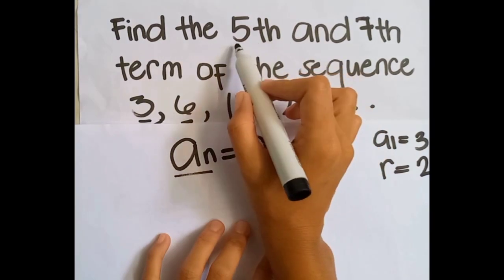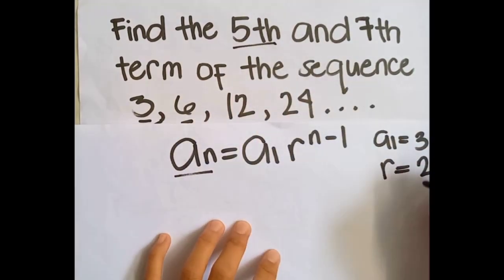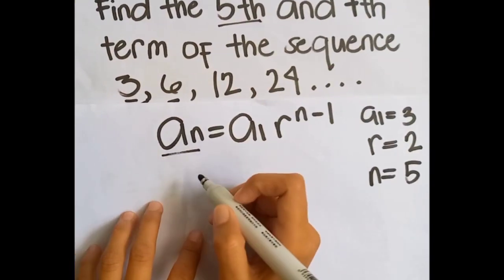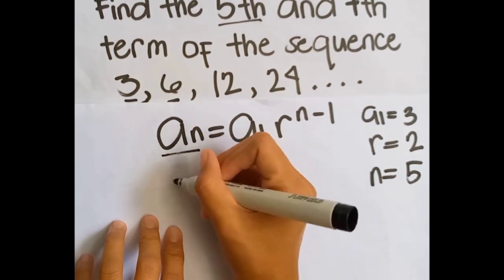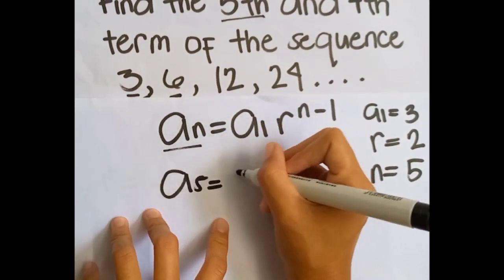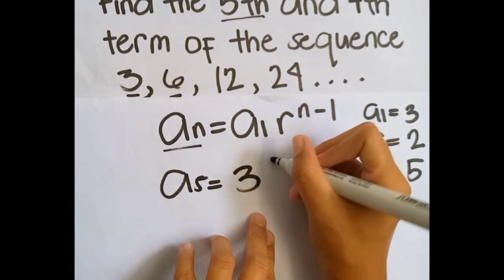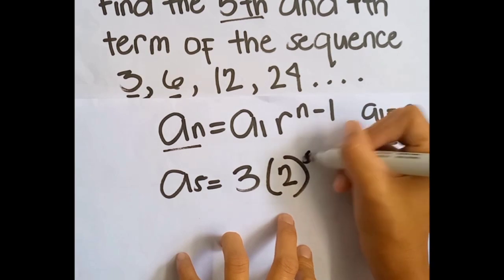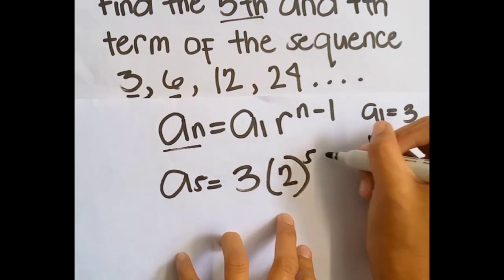Since first we need to find the 5th term, our n will be 5. So plug in the value of each term: a sub 1 is 3 times our r, which is 2, to the power of our n, which is 5, minus 1.